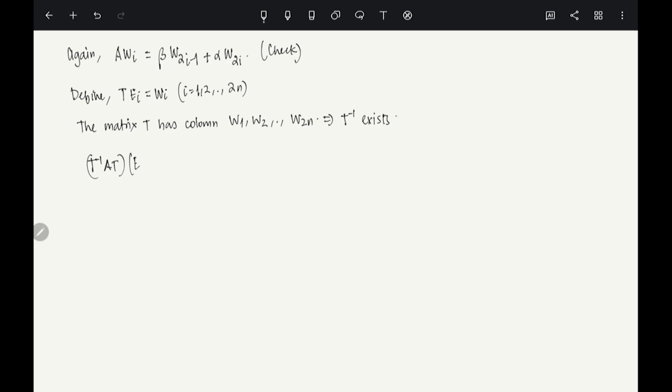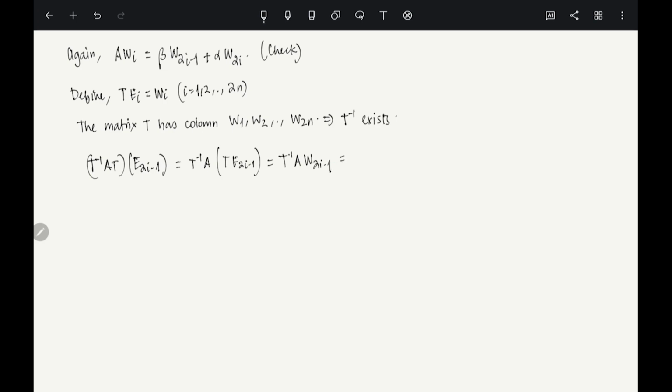Acting at E_{2i-1}, let's look at this. It is nothing but T inverse A, T acting at E_{2i-1}. And what is E_{2i-1}? This is W_{2i-1}. So T inverse A of W_{2i-1}.